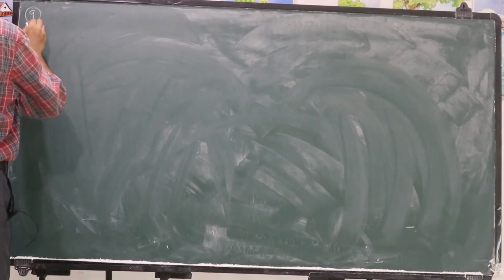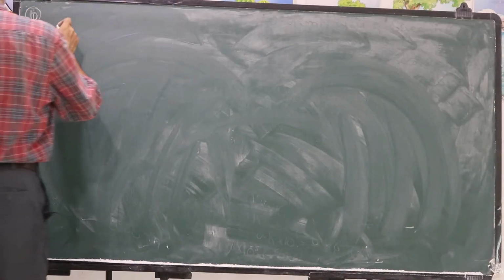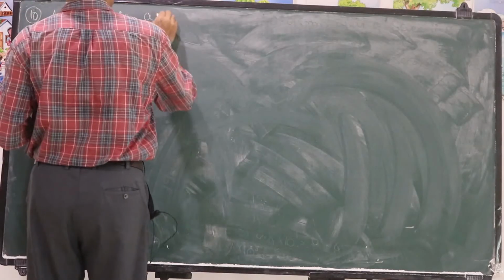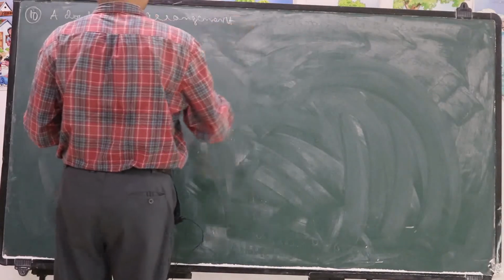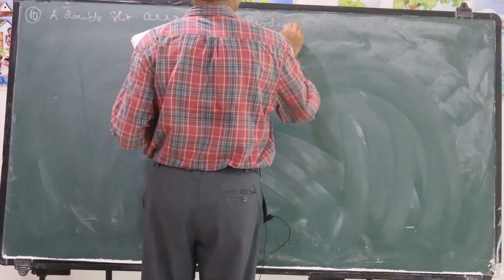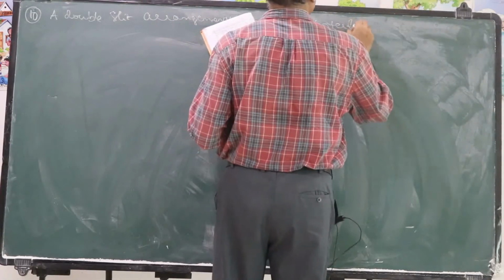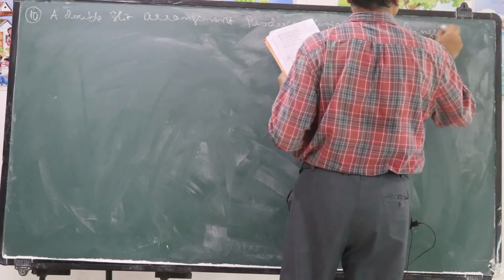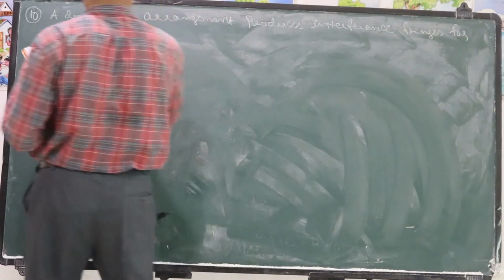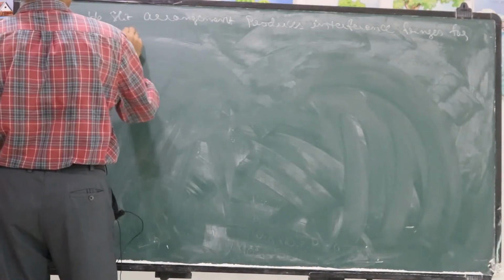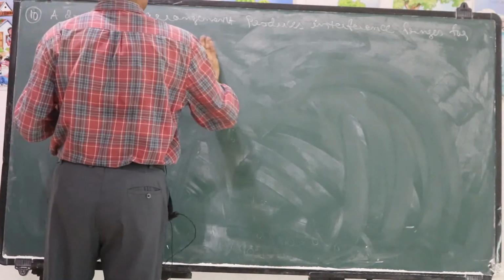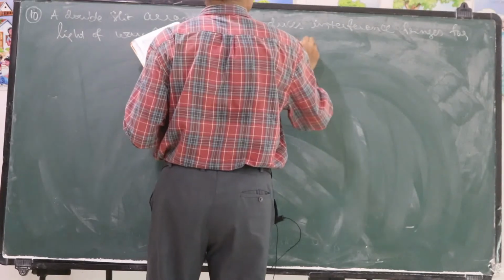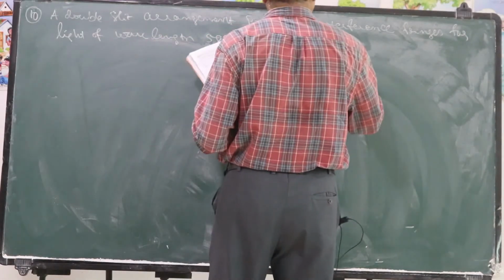Ninth one, sorry, 10th one. A double slit arrangement produces interference fringes for a light of wavelength 5890 Armstrong that are 0.4 degree apart.